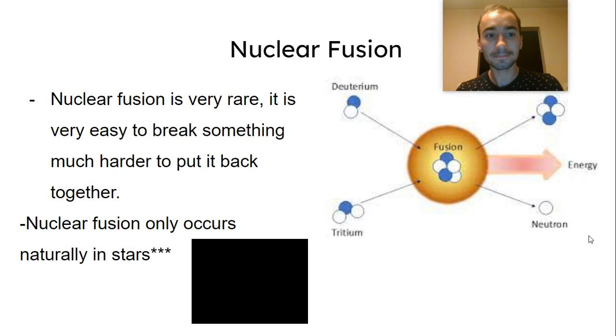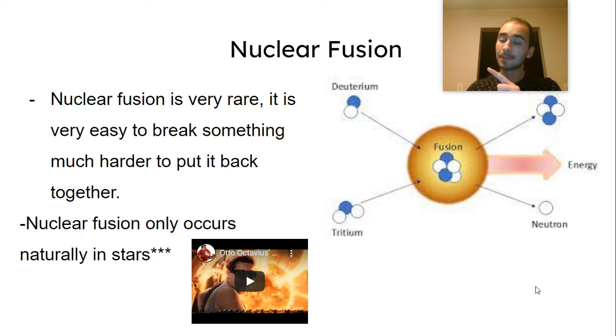Okay? Next, the opposite of fission is fusion. Fusion, on the other hand, is very rare. You can think of it like this. It's very easy to break something, but it's much harder to put it back together. So like, for example, it's very easy to break a pencil or to rip a piece of paper, but it's much harder to return that paper back to normal.